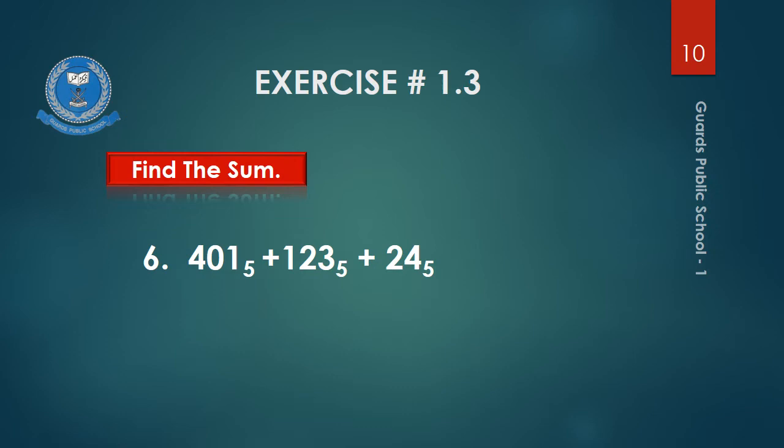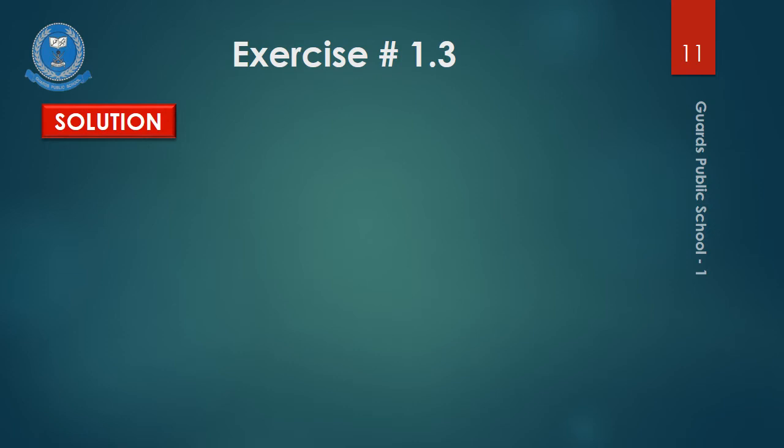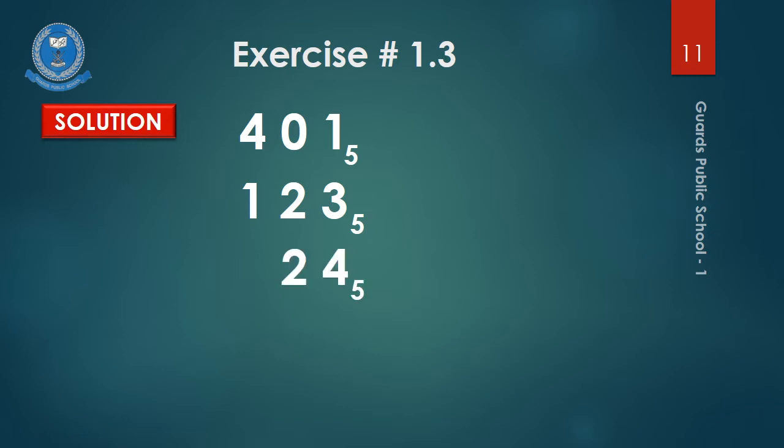Now, in order to add these 3 base 5 numbers, write down 4, 0, 1 with base 5, 1, 2, 3 with base 5 and 2, 4 with base 5. Write down sign of addition and draw a line.